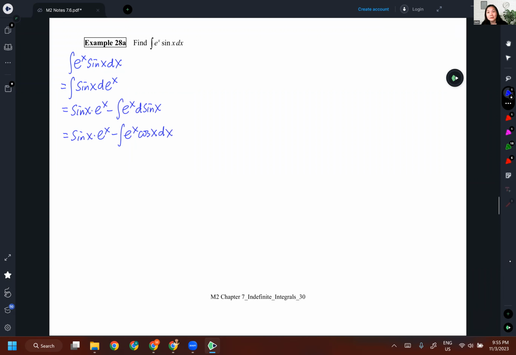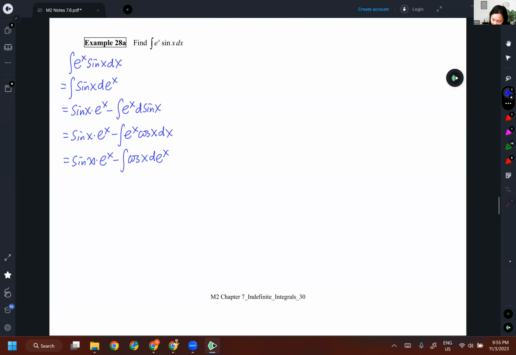That's the first time, completed. Second time, sine x e^x minus, again, I put e to the power x inside. I like it because it's simpler.